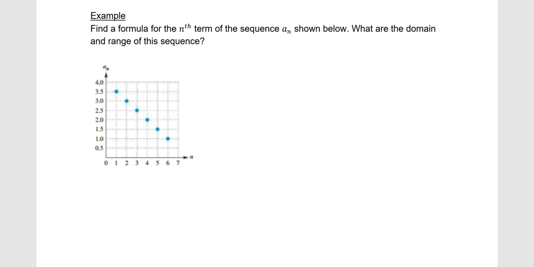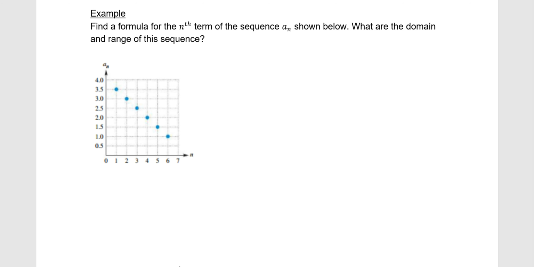Okay, for example, let's find a formula for the nth term of a sequence a sub n shown below, and we want the domain and range of this sequence. So we know that f of n equals d times n plus c, or nd plus c. I'm just putting d first because it's the slope.